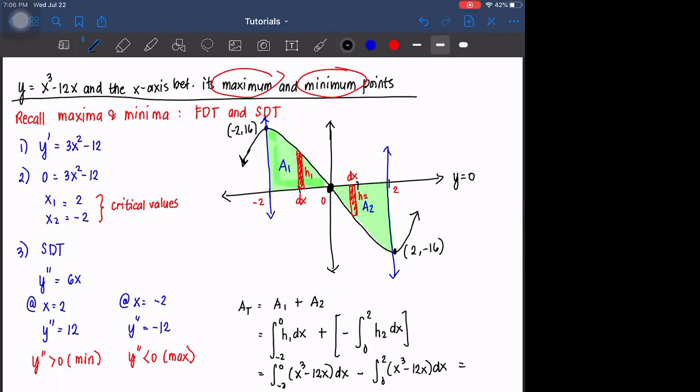Tanan-tanan na? Yes. How about the others? What are your answers? 40 square unit. You should be able to get that. But don't forget, if the area is below the x-axis, it should be negative. And also don't forget how to find the maxima and the minima.